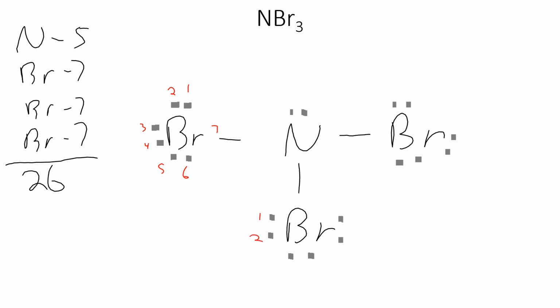The lone pairs definitely belong to bromine, 1, 2, 3, 4, 5, 6. 1 from the bond makes 7. Bromine on the right. Lone pairs definitely bromine's. 1, 2, 3, 4, 5, 6. 1 from the bond makes 7. Notice how for the bromines, each one has 7 formal electrons, 7 valence electrons.